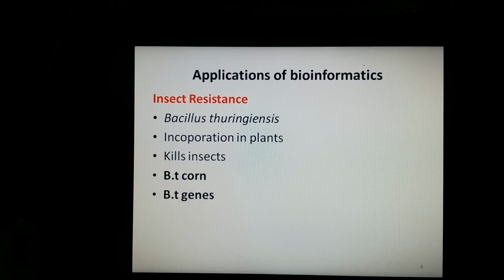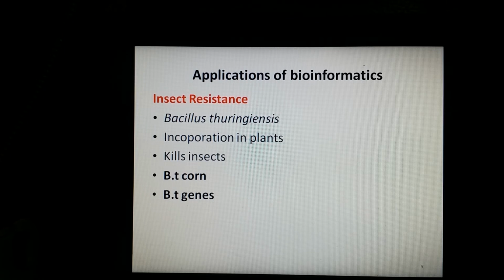When researchers mapped the genome of Bacillus thuringiensis, they used its genes to incorporate into the plant. And why did they do this? In order to make the plant resistant against insects. So you see how plants are being made insect resistant through gene incorporation.